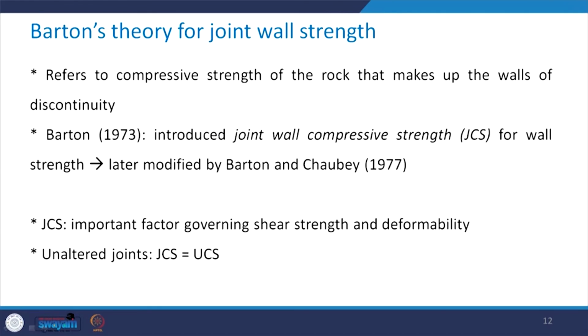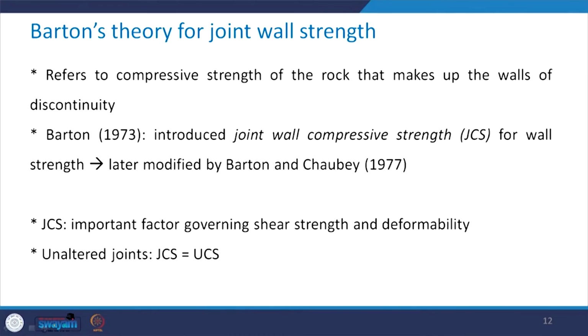Coming to the next theory, which is Barton's theory for joint wall strength. We have had some brief discussion about this when we were discussing the classification of the rock mass, but for the sake of completeness and some additional input, I have put this again here.